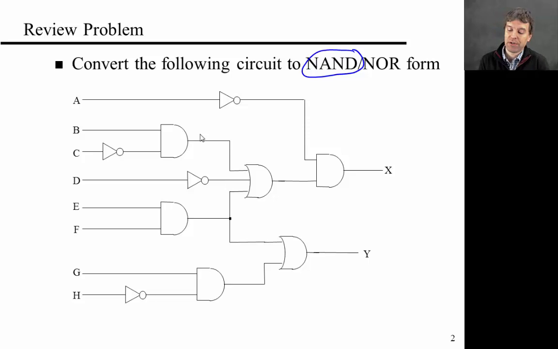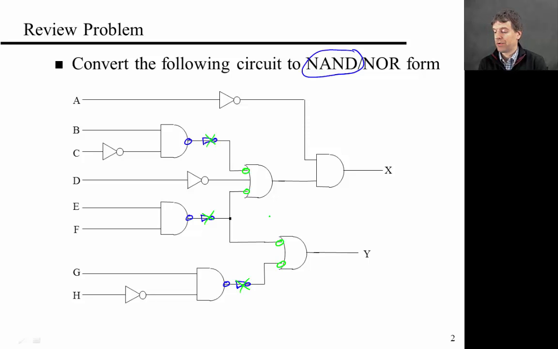Okay. So to get from this AND gate to a NAND gate, I'm just going to insert two sequential inverters in each of these cases. But then I have to do something about these OR gates, and what I want to do is the following. I'm going to take these NOTs and move them right up here to the OR gate.